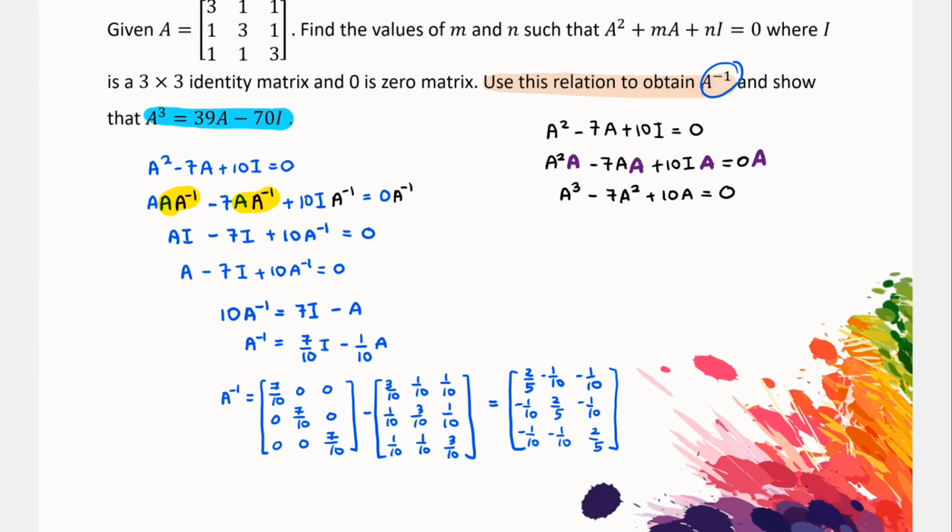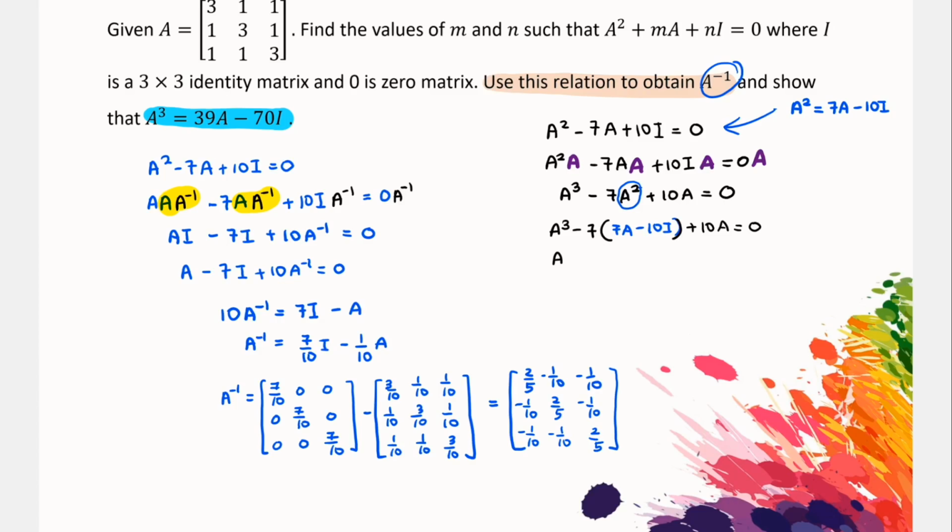So we have not finished yet because our equation should not have A squared here. So A squared here needs to be changed. Where to find the A squared? By using this relation, A squared can also be written as 7A minus 10I. So A cube minus 7 of 7A minus 10I plus 10A equals to 0.